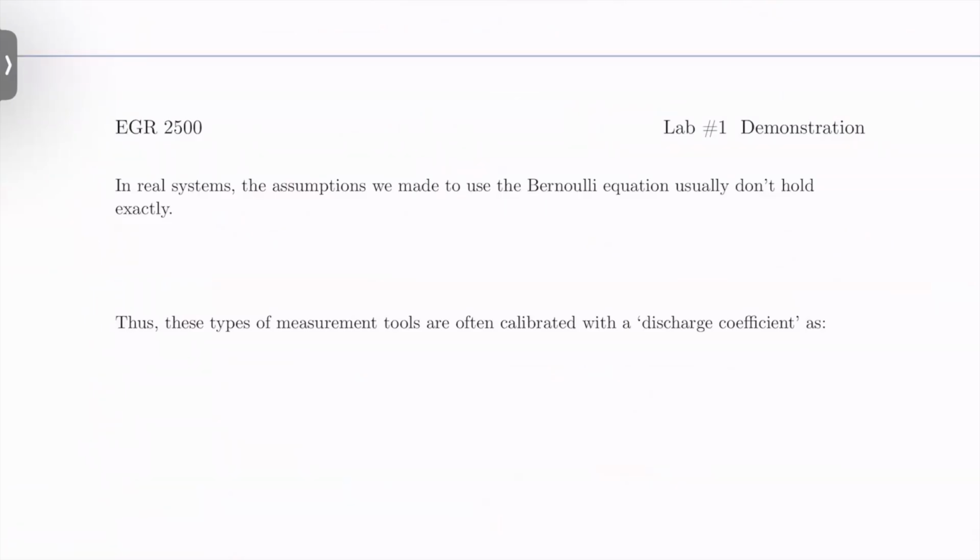In particular, this system is not fully frictionless. Another way of thinking about this is there are losses present in this system, all right? So there's going to be inefficiencies. Inefficiencies generally come from friction and so forth.